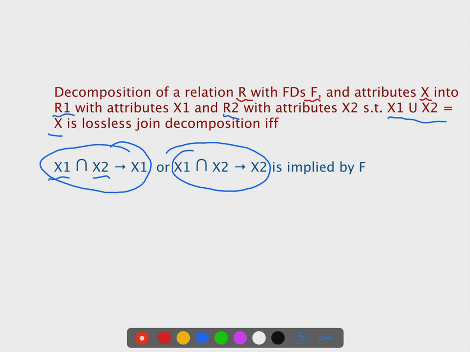So basically, for the decomposition to be lossless join, the intersection of the sub-relations should either determine the attributes in X1 or the attributes in X2. One of these functional dependencies should be implied by F.